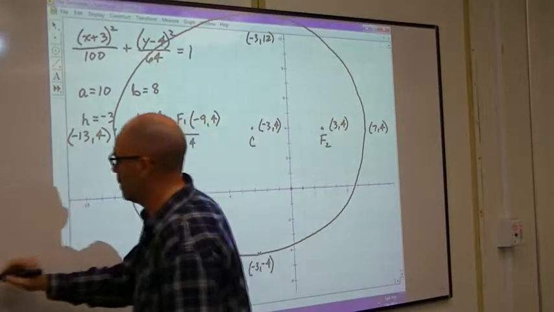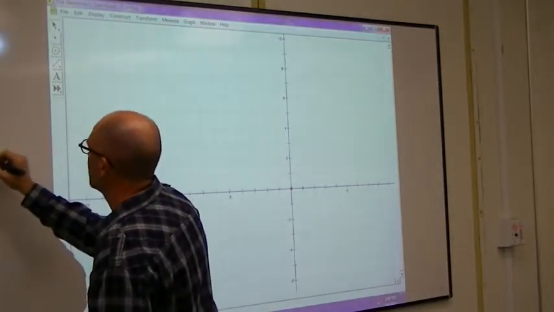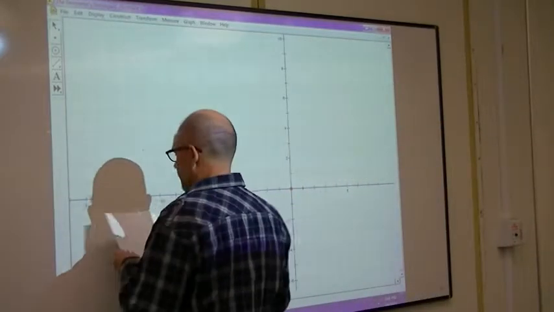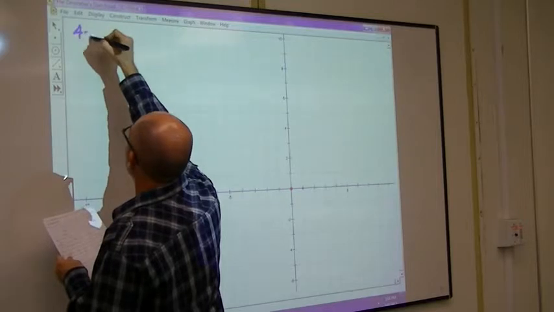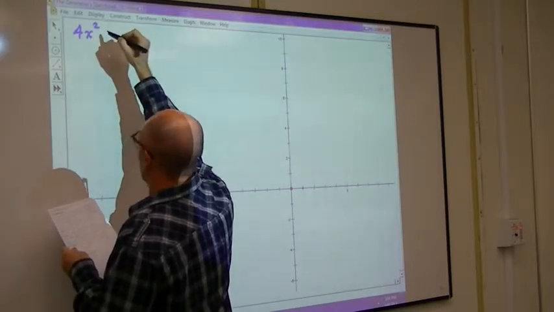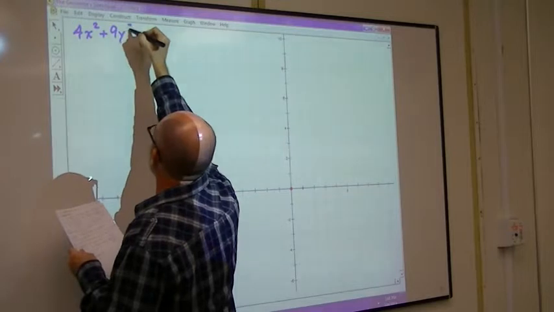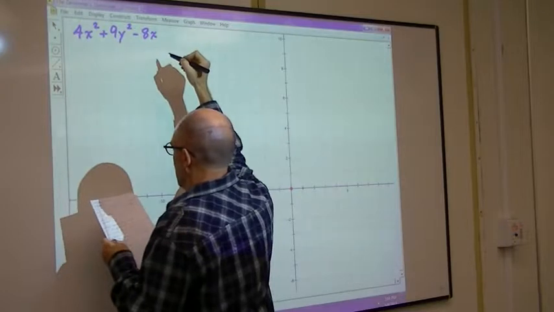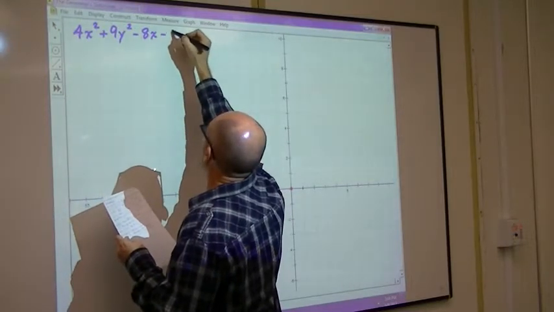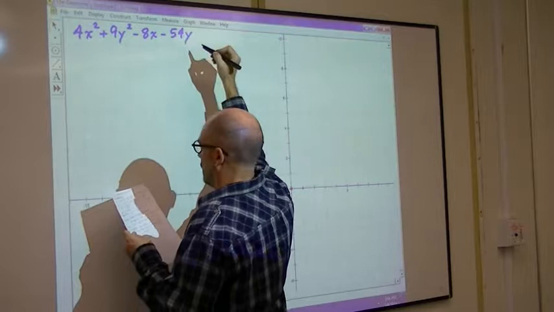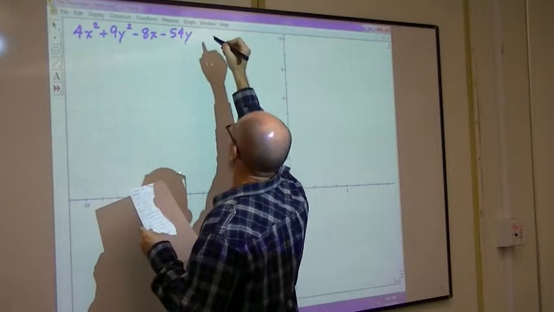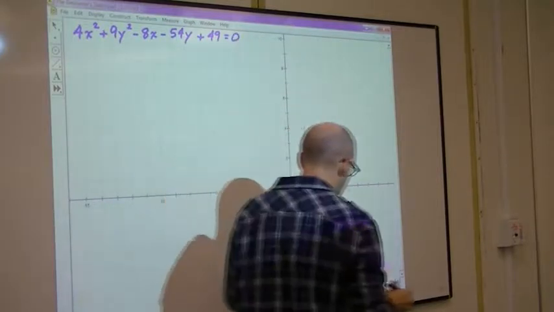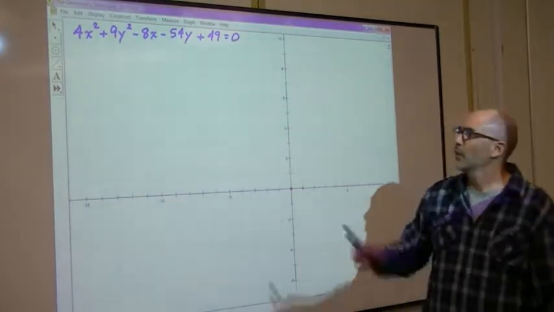Okay, so here's our equation: 4x squared plus 9y squared minus 8x minus 54y plus 49 equals 0. Graph that.